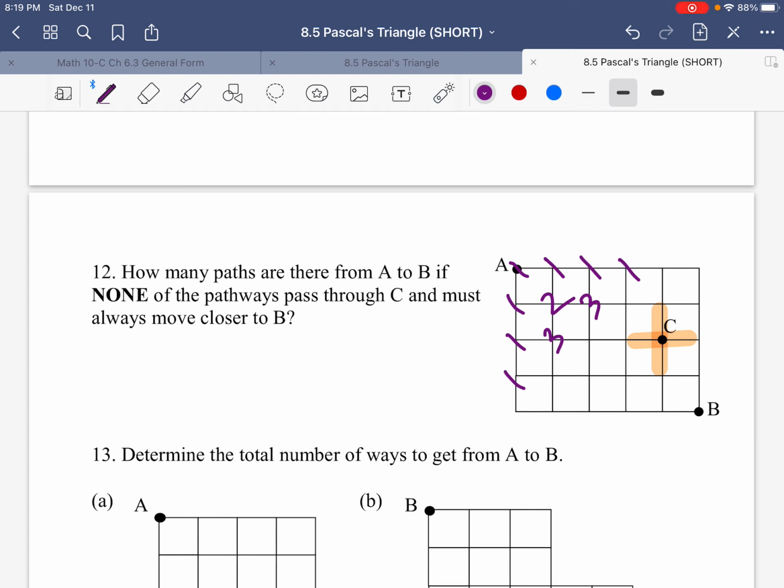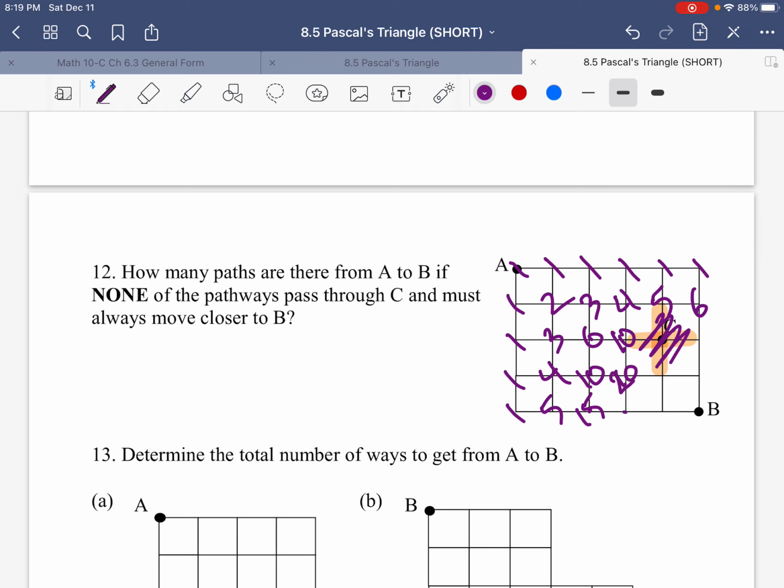We start here. 1, 1, 1, 1, 2, 1, 1, 3, 3, 1. 1, 4, 6, 4, 1. 5, 10, 10, 5, 1. Now remember, this doesn't exist.